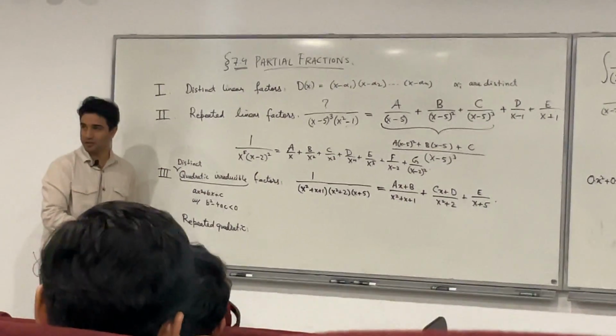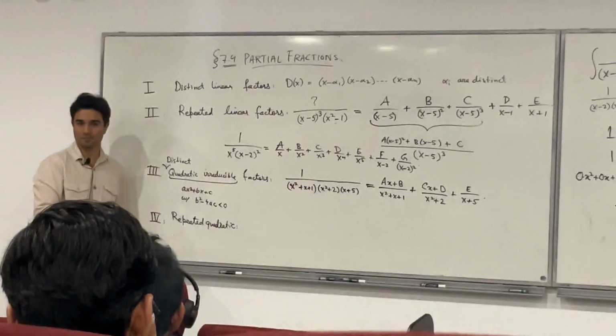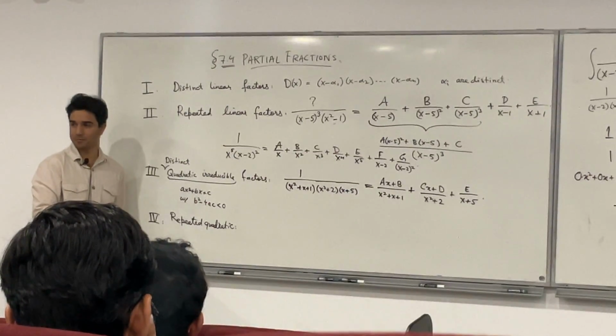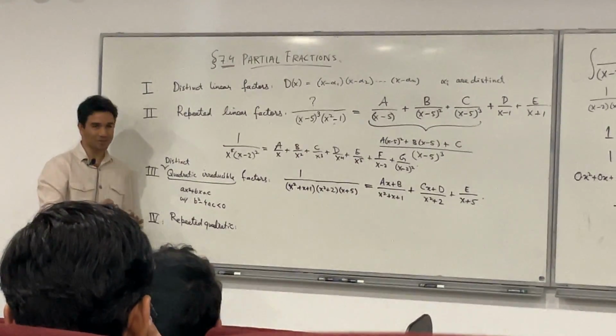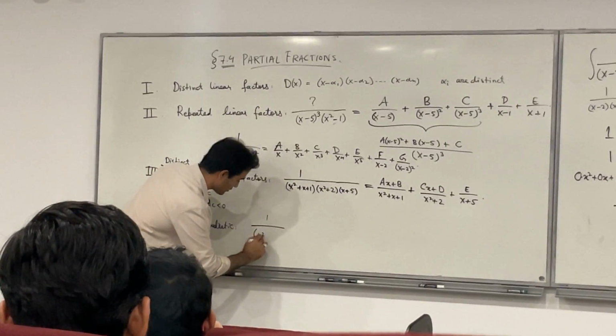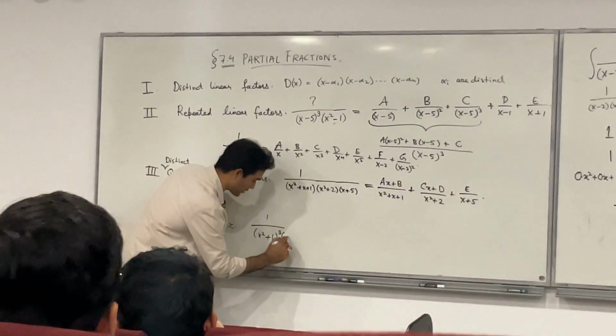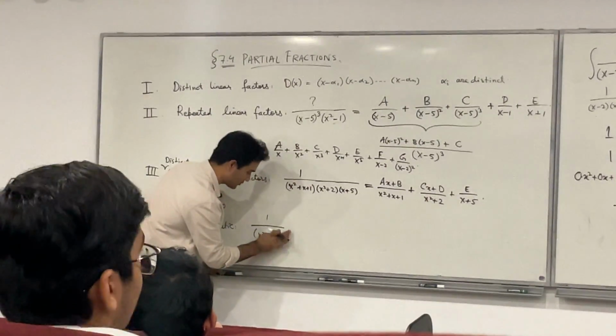And what do you think happens here? You guys know what happens here. Something like x squared plus 1 to the 3 times x.